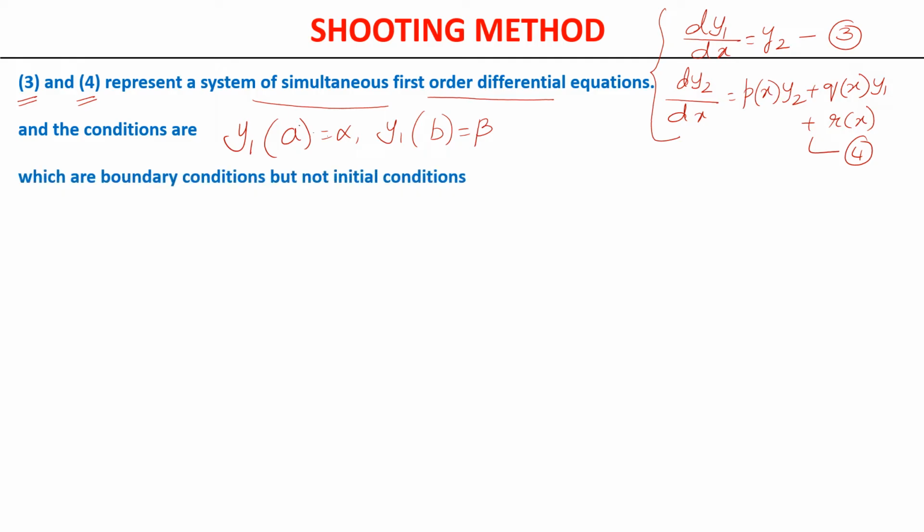Note that these are boundary conditions and they are not initial conditions. So when we have simultaneous first order differential equations, we are aware that if we are given two initial conditions, then we can solve that system of equations using any single step methods.